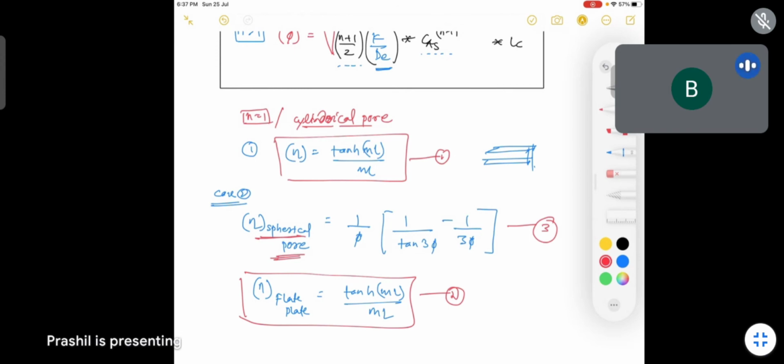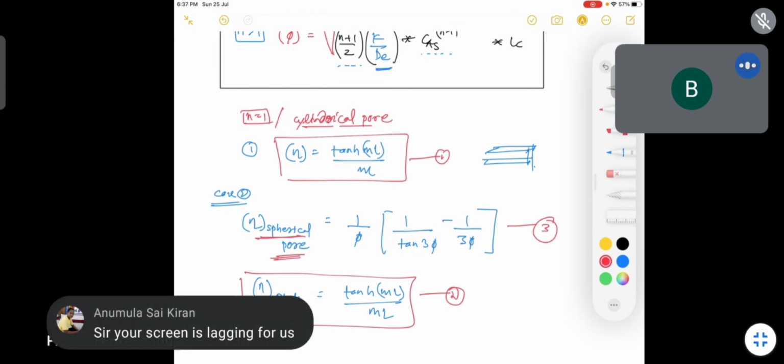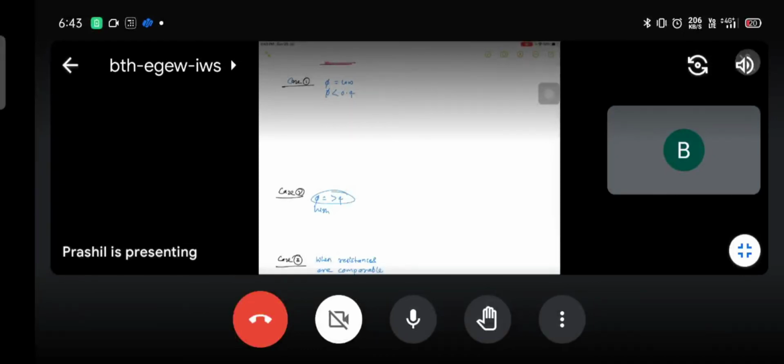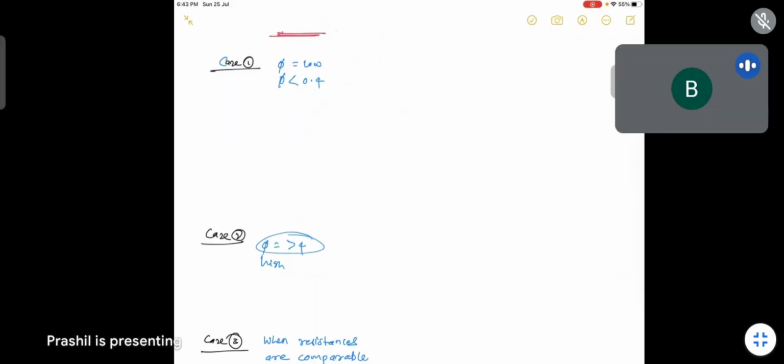And the final is when phi is equal to 1. Okay, you can write these cases.